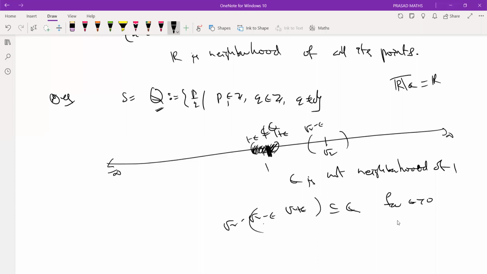Because root 2 cannot be a rational number. You never find a neighborhood which is inside Q, because if such a neighborhood existed, it would have to be in Q. Since root 2 is not rational, your assumption that a neighborhood is inside the set is absolutely wrong. Therefore, there is no such neighborhood inside the set.